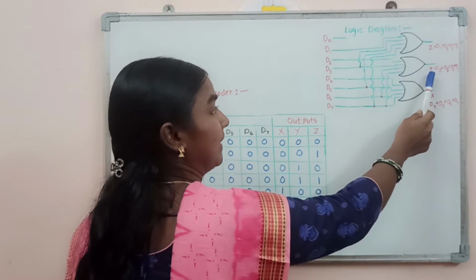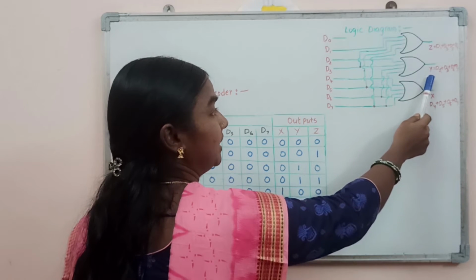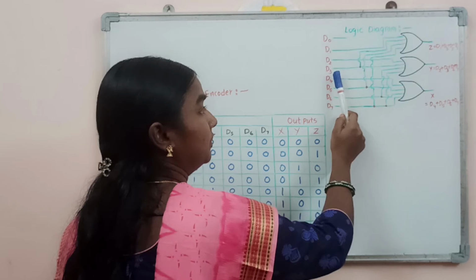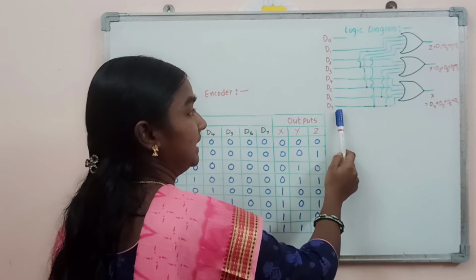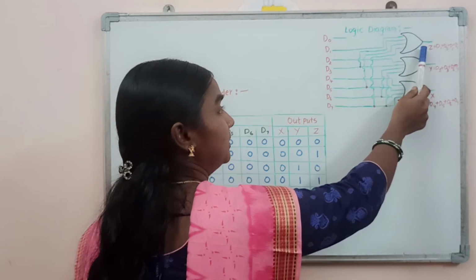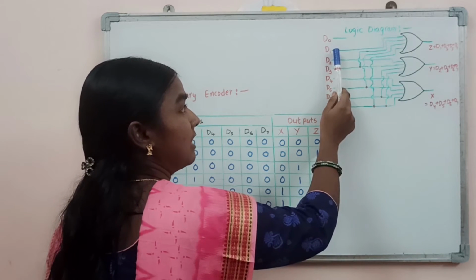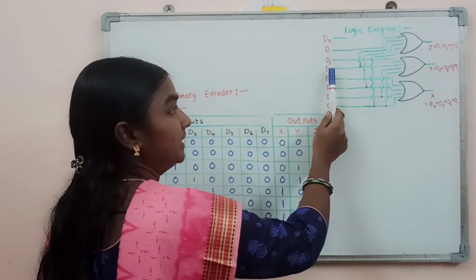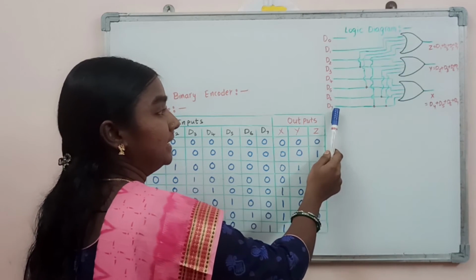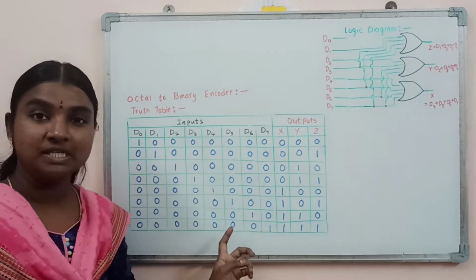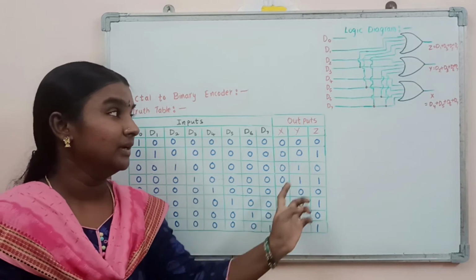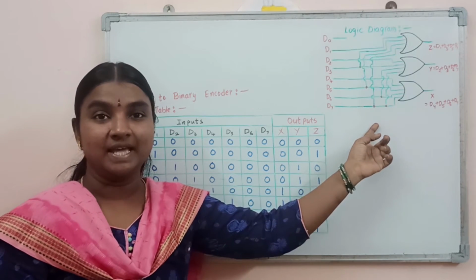Output Y we find using D2, D3, D6, D7. And output Z we find using the data lines D1, D3, D5, D7. Based on this truth table itself, we draw this logic diagram.